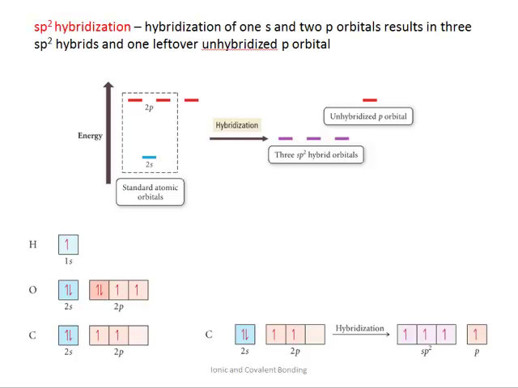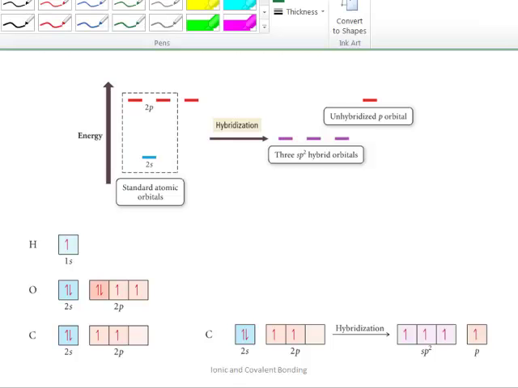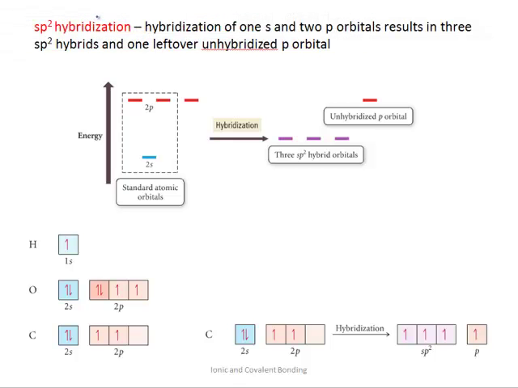Okay, another hybridization scheme that can occur is when carbon or other atoms like it want to form a double bond with an atom, and when that occurs we produce an sp2 hybridization.